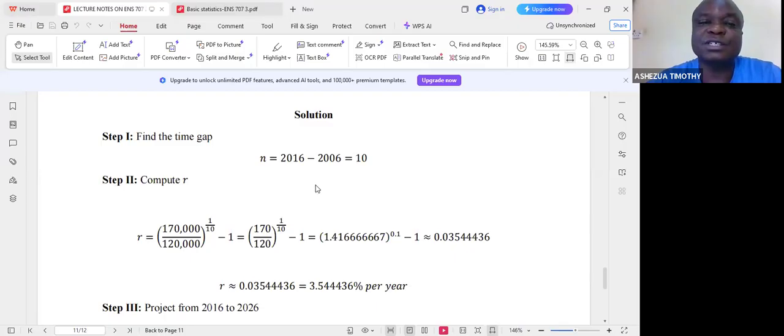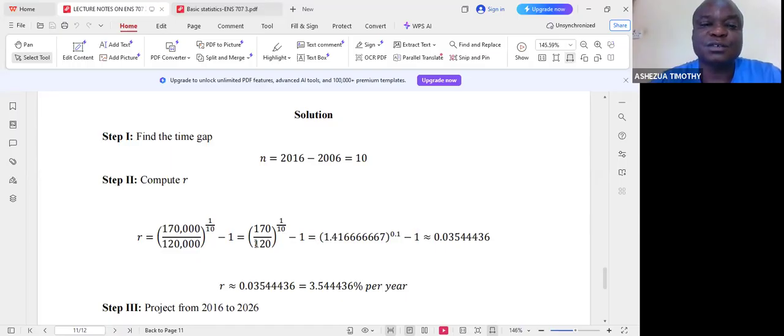So our n is 10 already, and the formula says 1 all over n. So I'll put the n there, minus 1. This is equal to, if you cancel out these 3 zeros, you'll be left with 170 all over 120, bracket open and close, raised to the power 1 all over 10, minus 1.